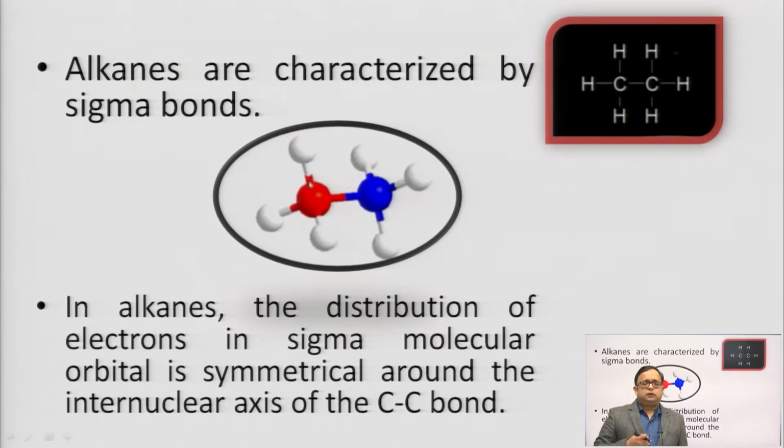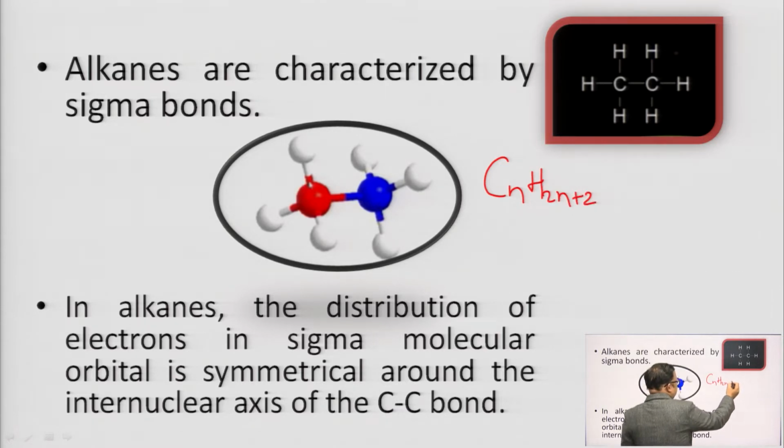To understand conformational isomerism, first of all, this isomerism is most of the time exhibited by alkanes, although it is not a universal fact. There are some more compounds that also exhibit conformational isomerism, but it is particularly exhibited by the alkanes. What are alkanes? Alkanes are generally represented by the formula CnH2n+2.